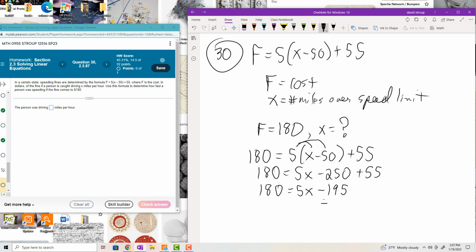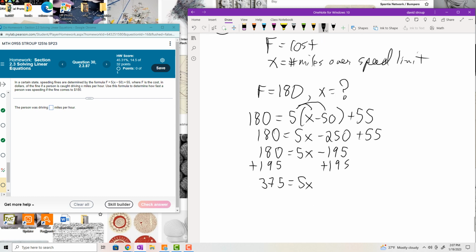Okay, I'm going to add this to both sides. Seems like he's probably going pretty fast, right? And this is just the number of miles over 50. Really? I'm dividing both sides by 5. Oh, jeez, is he going 120 miles per hour?